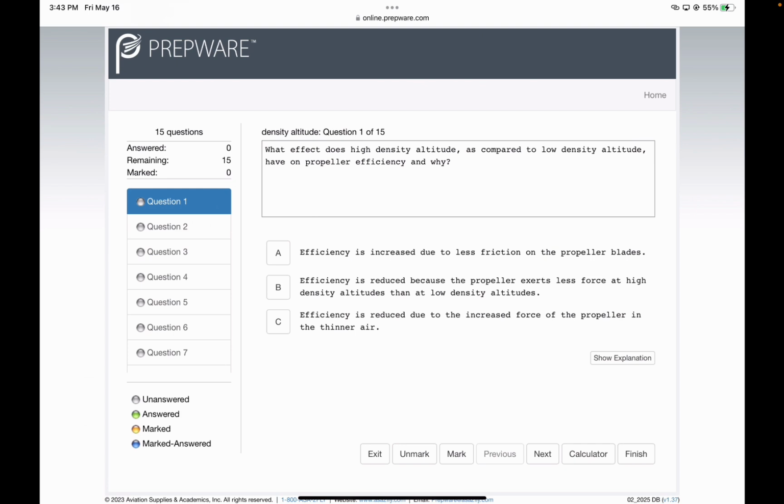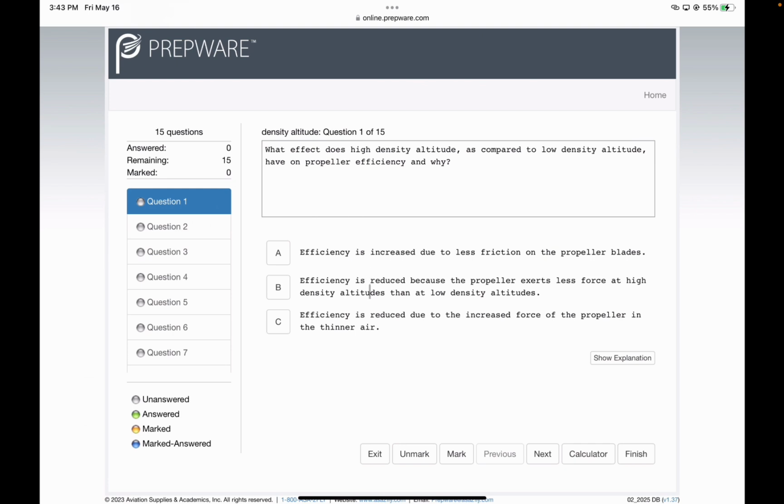So as you go higher in altitude, does the air become less dense or more dense? It becomes less dense, and less dense means a decrease in performance. A decrease in performance is efficiency decreases. Okay, so we're going to choose the answer with efficiency is reduced.